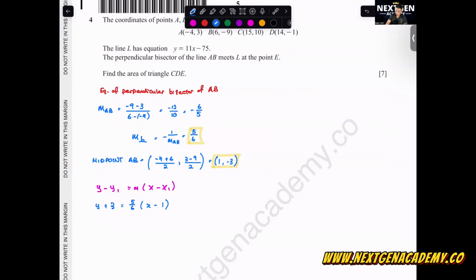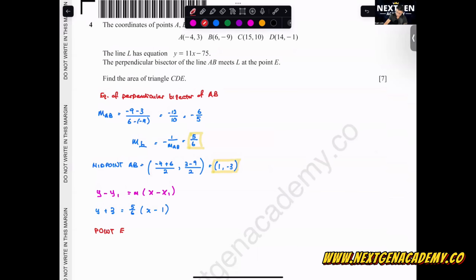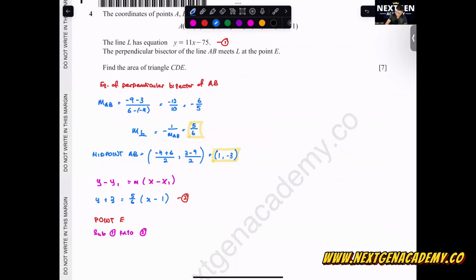Now we want to find the point E. Okay, so for point E, let's call this equation 1 here, and this one equation 2. We're going to sub 1 into 2, because they intersect with each other. So it will become 11x minus 75 plus 3 equals 5 over 6 x minus 5 over 6.